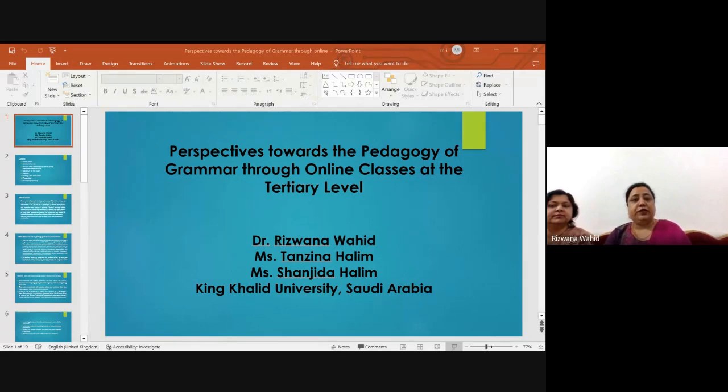And for the instrument, we used 2 questionnaires. The first questionnaire was for the teachers, consisting of 10 closed items, and all items were prepared on a 5-point Likert scale, starting from strongly disagree to strongly agree. The questionnaire was based on the perspective of teachers who had taken grammar classes online for 2 semesters.